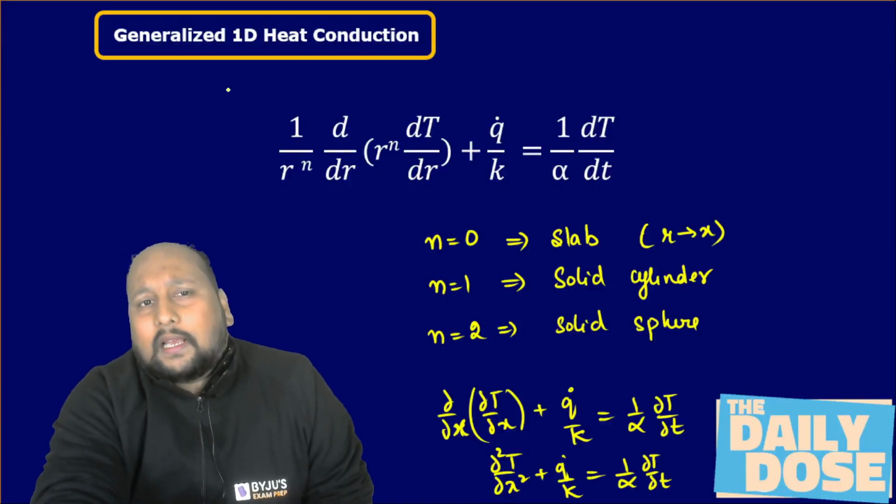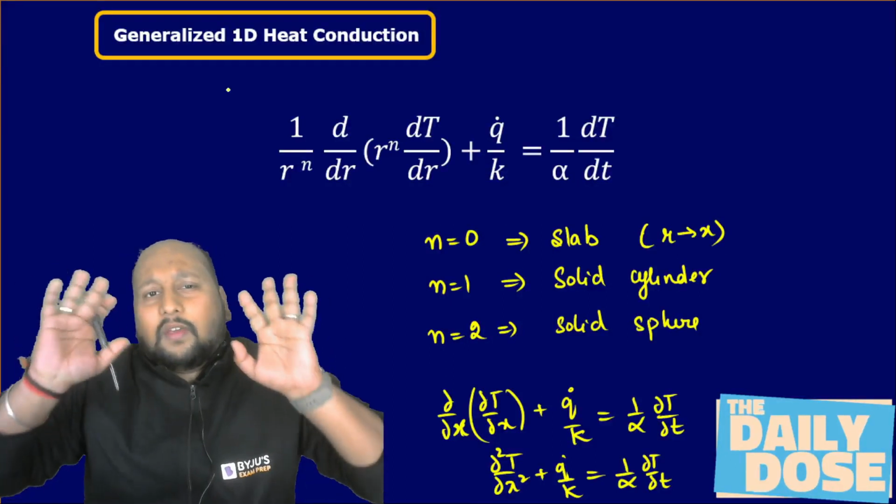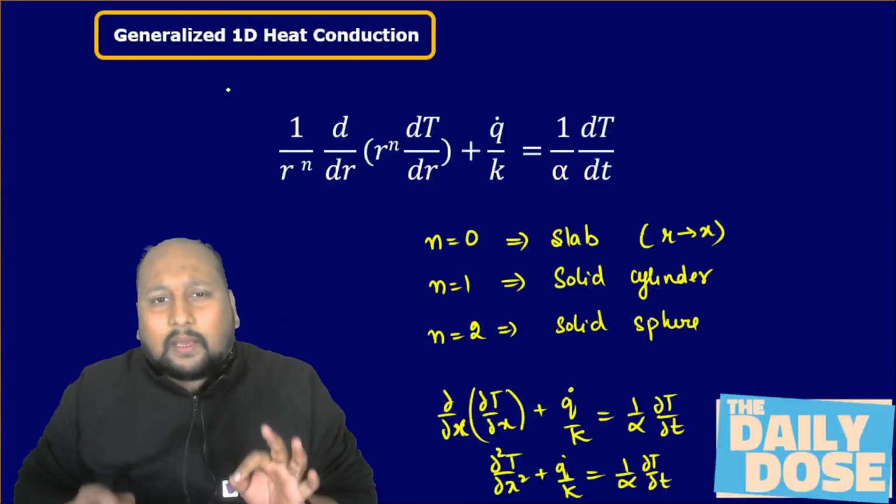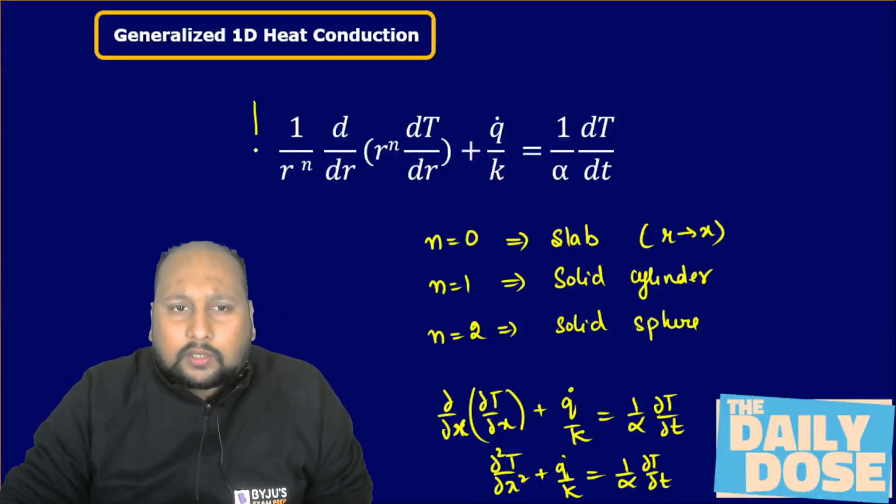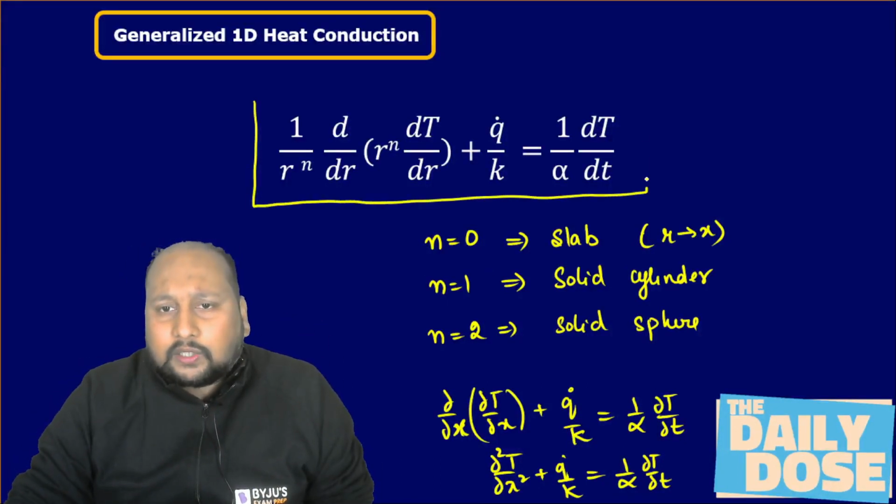But the question still remains: okay, we have understood that we can use this formulation directly by putting n equal to 0, and you can use it as the generalized one-dimensional heat conduction equation.